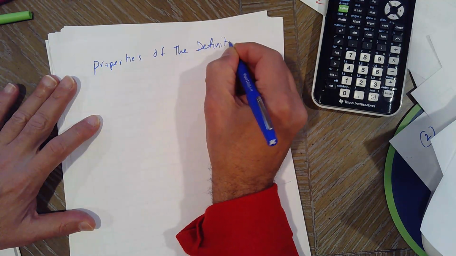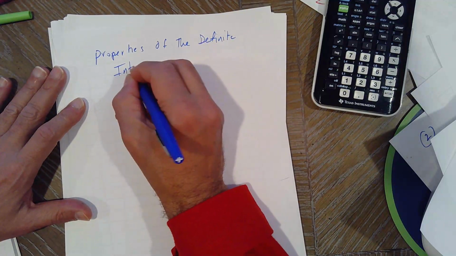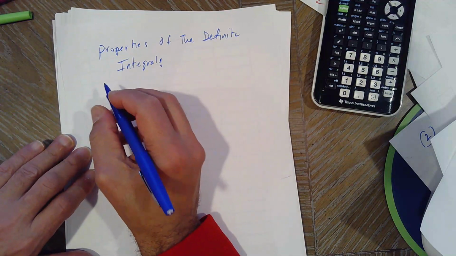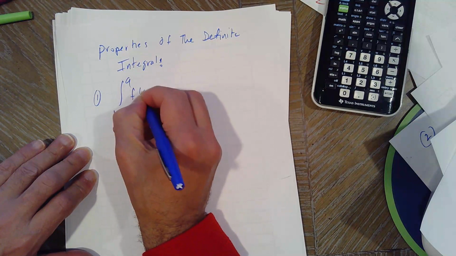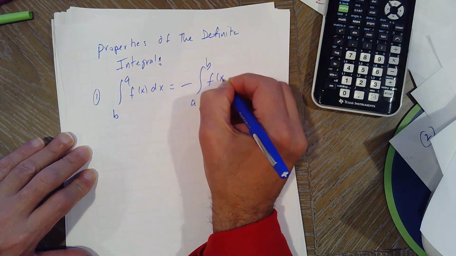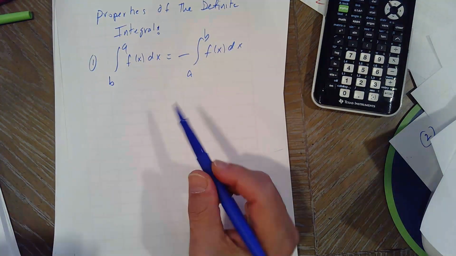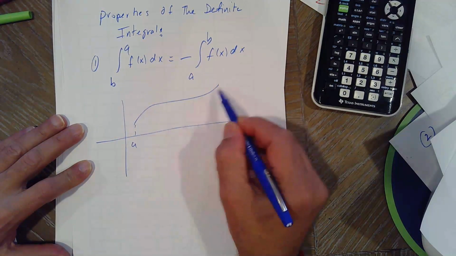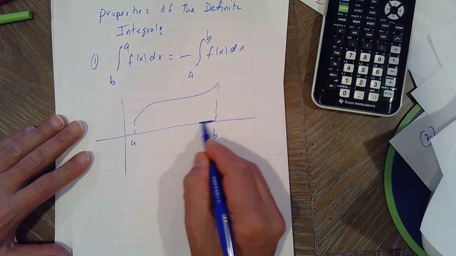Definite integral is defined using Riemann sums, so whatever works for Riemann sums, it will work for definite integral. The integral from b to a of f of x dx is the opposite of a to b. Why is that? Once you flip these, you get a negative, because if you do b to a, your delta x is negative, right?